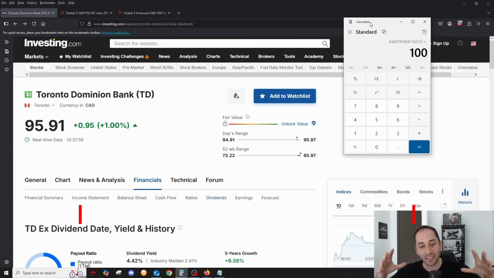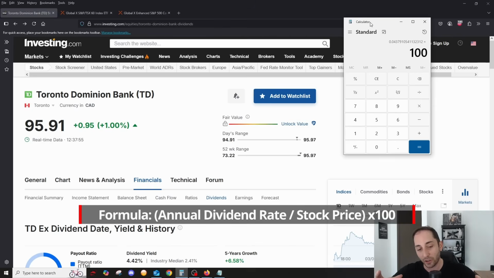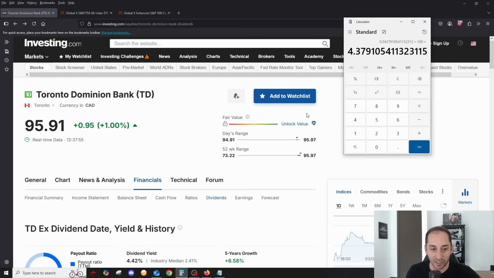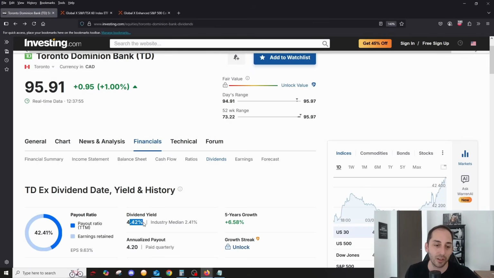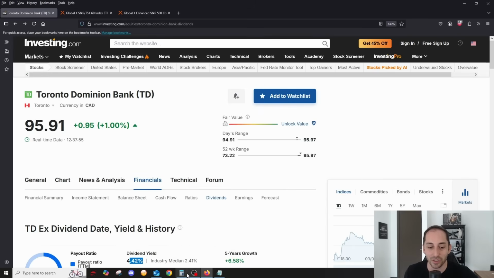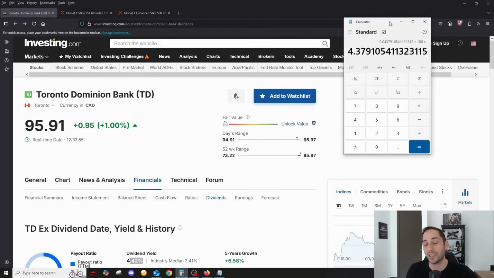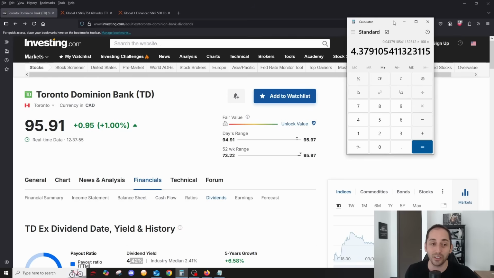Again, it's the annual dividend rate, a dollar amount, divided by the stock price, times 100. That will give you a yield of 4.37 percent, and you can see it's very close to the 4.42. My assumption is that this 4.42 is probably based on yesterday's closing stock price, most likely. So that is how you calculate the annual dividend yield of a stock.